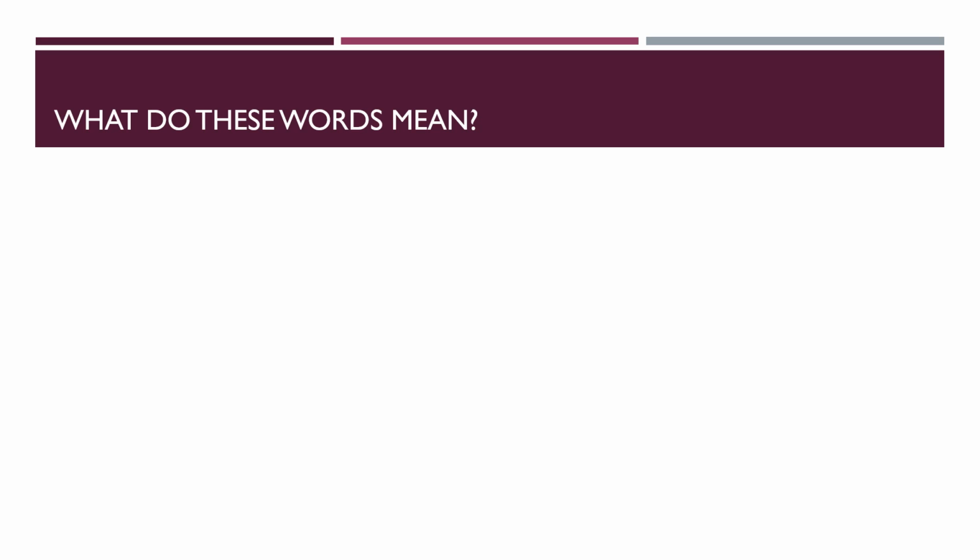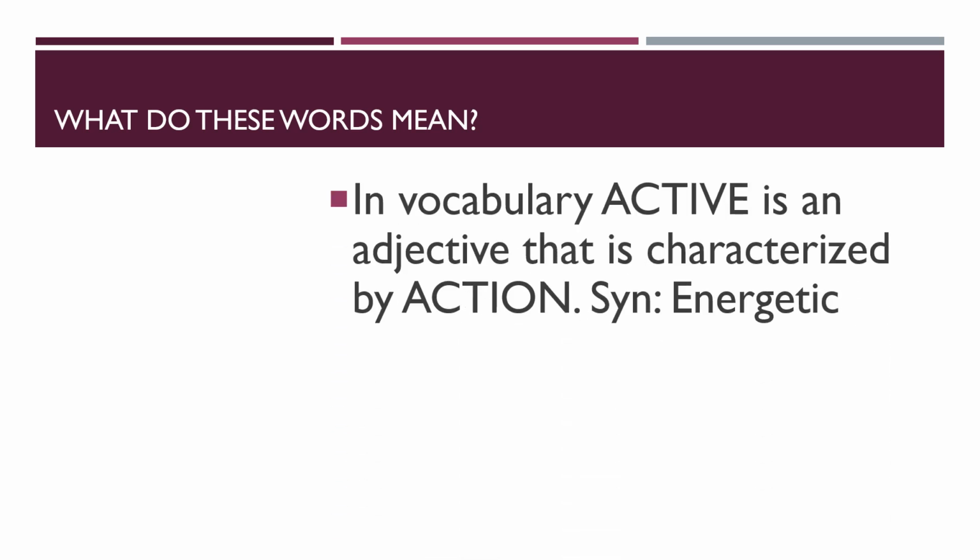What do these words mean? So, I'm referring to the word active and passive. In vocabulary, active is an adjective that is characterized by action. Synonym daw niya, energetic. Look at this clip art. Okay, the person is moving, meaning the person is in active state.